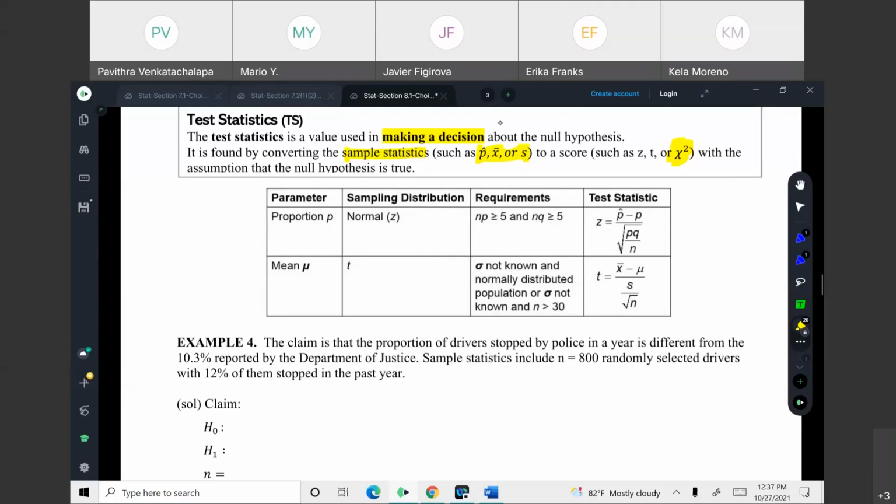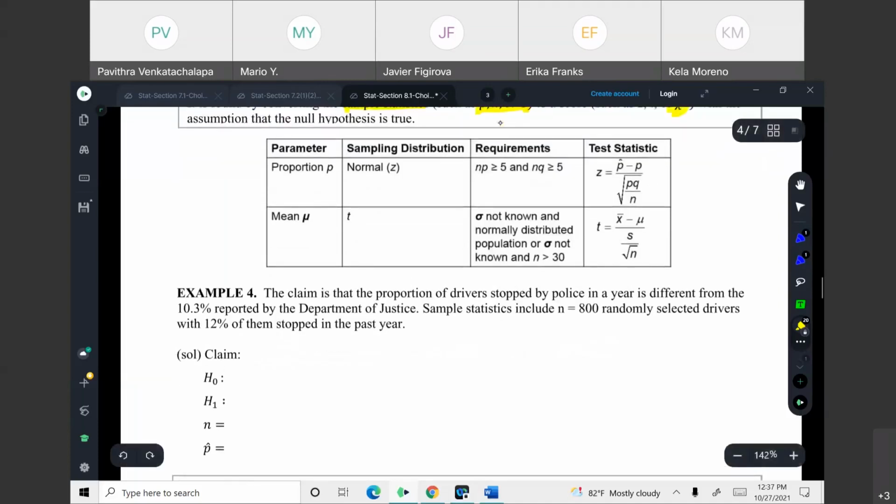If you are claiming for the mean value and you have a t distribution, that is sigma is not known. The only difference between normal distribution and t distribution is that the standard deviation is not known. If it is not known, that is a t distribution. This is the formula for that. You have two more formulas that I will be explaining in section 8.8.